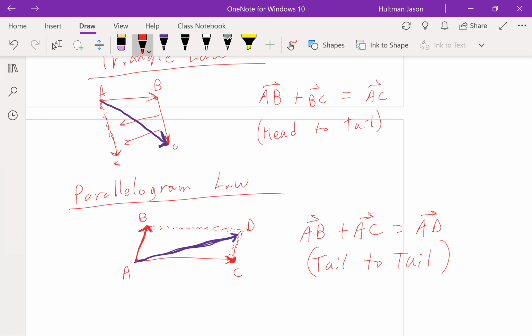Well, wouldn't that just be doing the same thing? This would be D, by the way, not C. Does that make sense? Okay, so hopefully.